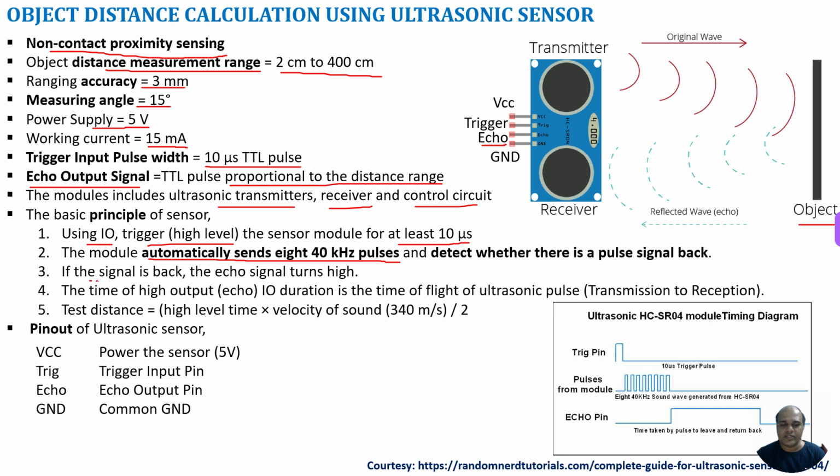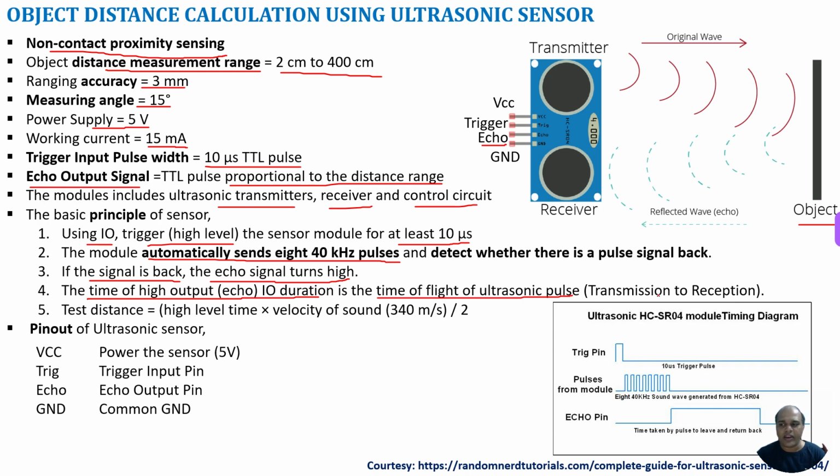When the signal is back, the echo signal goes to the high state. How long will this echo signal be high? The high output duration is equivalent to the time of flight of the ultrasonic pulse: how long it has taken the pulses to travel from the module, hit the target and return to the module again. So the time from transmission to reception covers both the transmission distance and the reception distance.